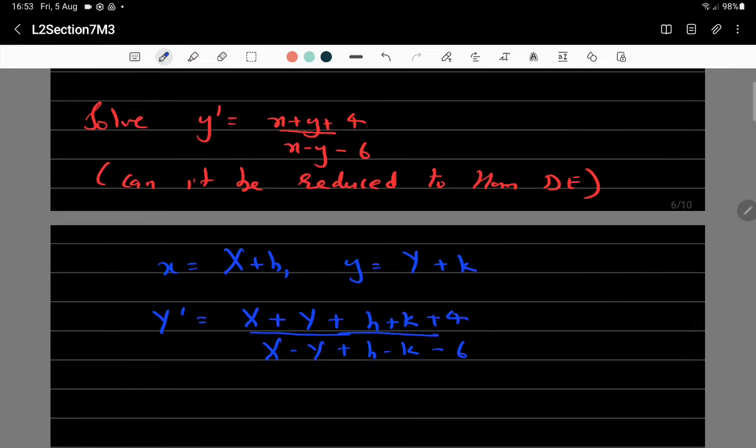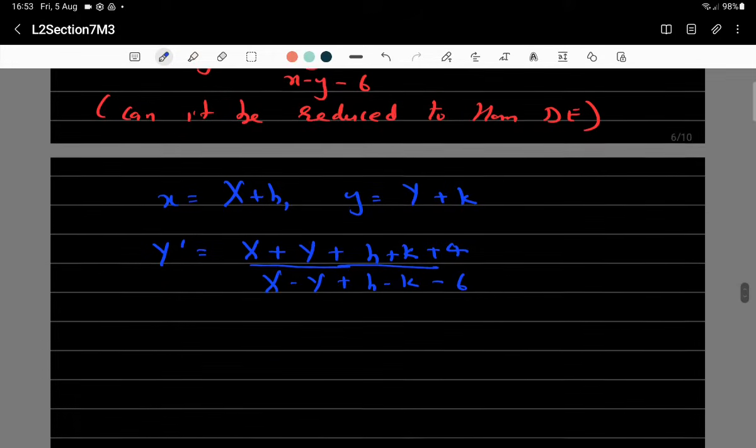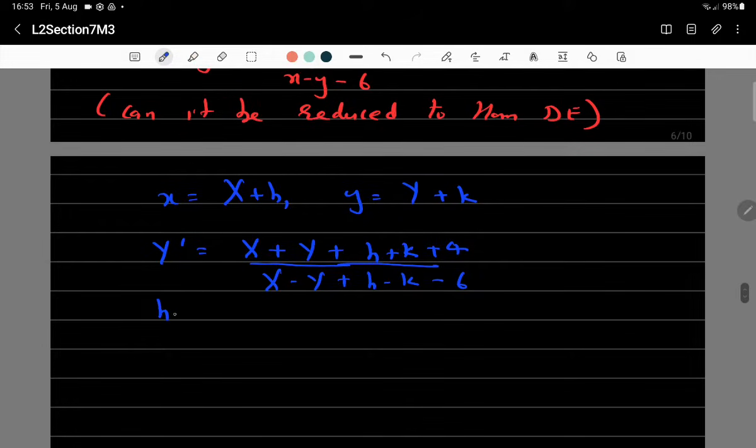So how do you reduce it to homogeneous? The hint is very clear, because for the homogeneous you simply want, in the numerator you want x plus y, in the denominator you want x minus y. It means you must take h plus k plus 4 is equal to 0, and h minus k minus 6 is equal to 0. And if you take it, then this gives you the values of h and k, which are unknown to us.